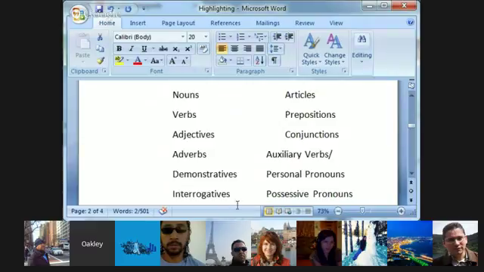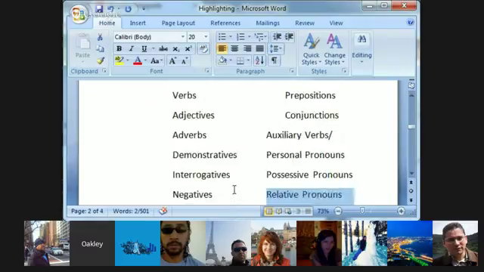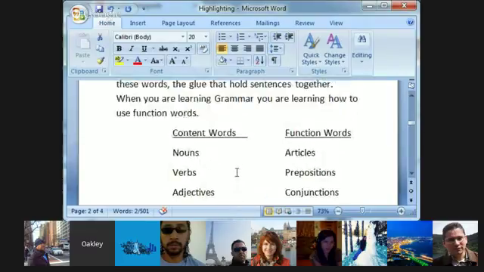But Mark has asked a very intelligent question. I will say this again because this is very important. Generally speaking, we are going to be stressing the content words and reducing the function words.